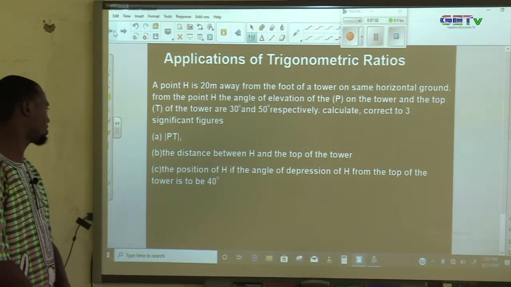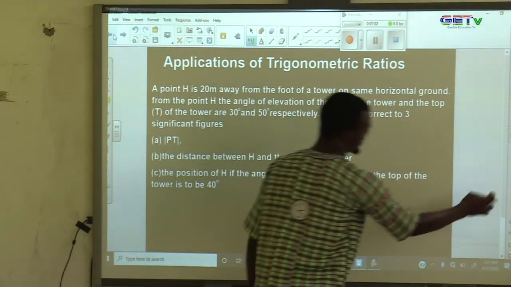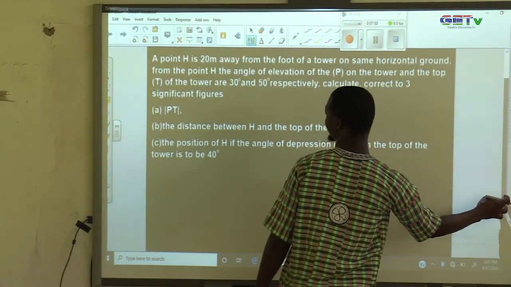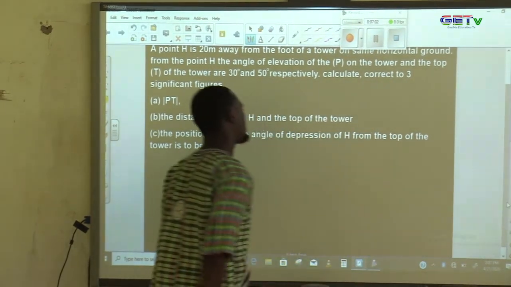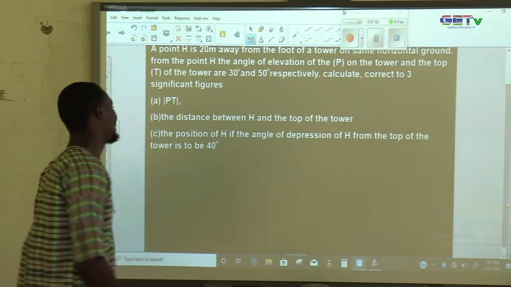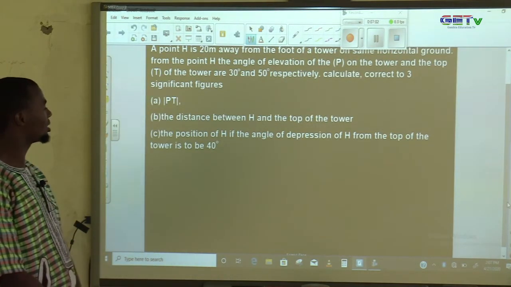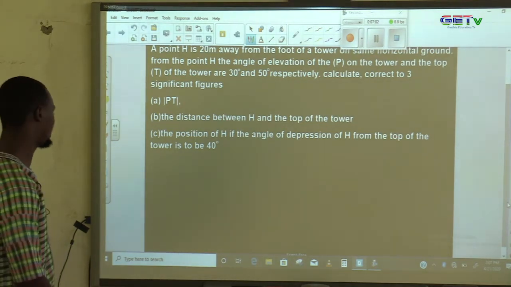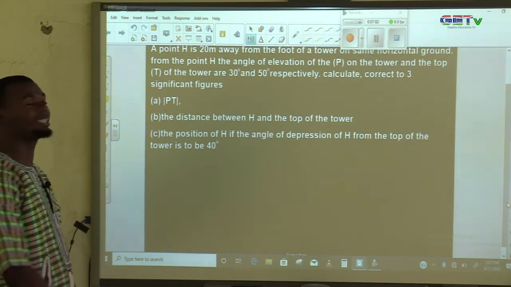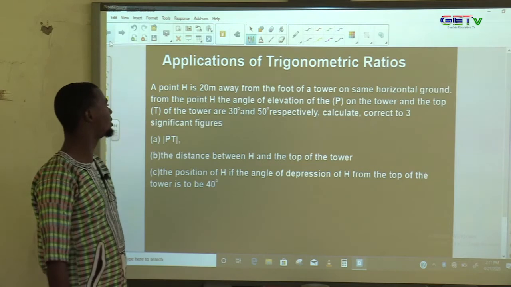Calculate, correct to three significant figures: A, the distance PT; B, the distance between H and the top of the tower; and C, the position of H if the angle of depression of H from the top of the tower is to be 40 degrees. Now we get the sketch.